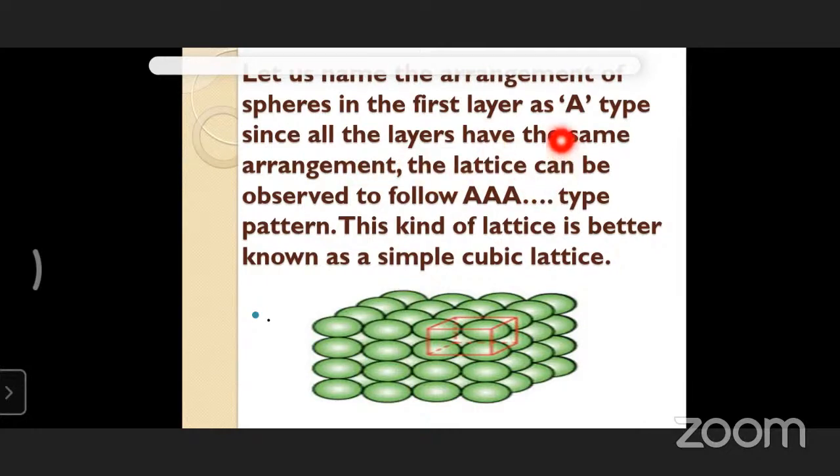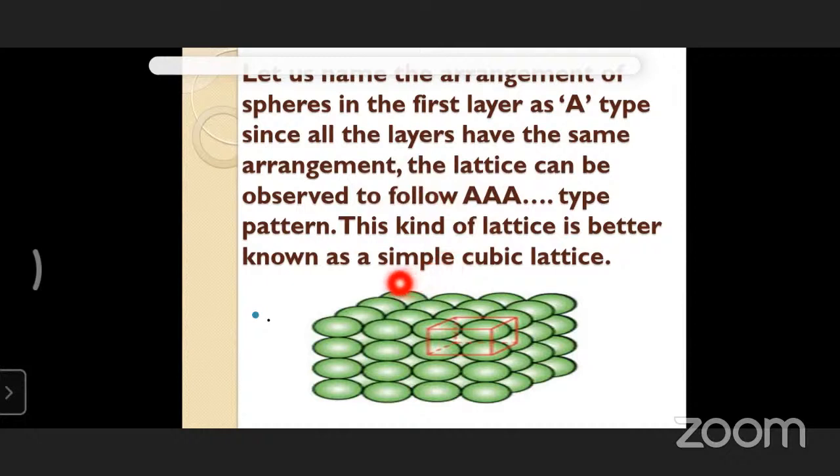In two dimensions we saw one layer below another, AA type and AB type, with hexagon packing and square close packing. But here, in a three-dimensional manner, one layer is arranged upon another. Since all the layers have the same arrangement, the lattice follows AA type.